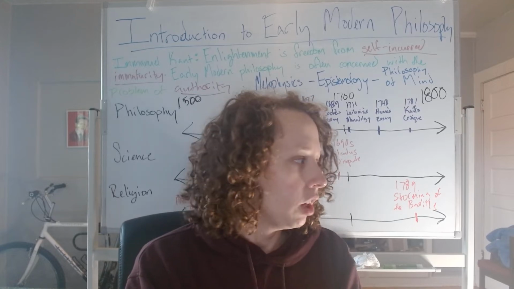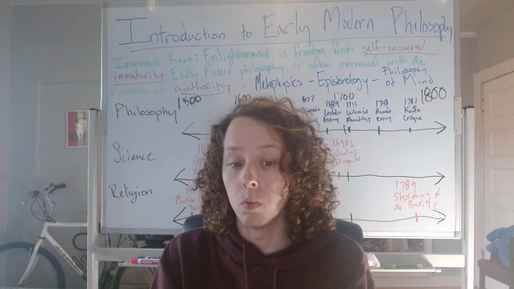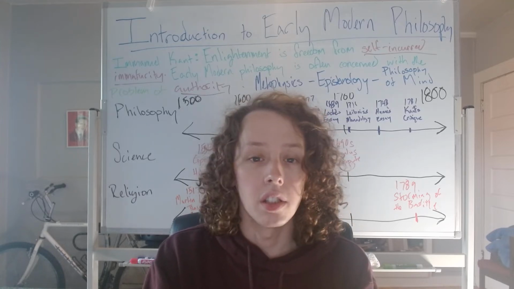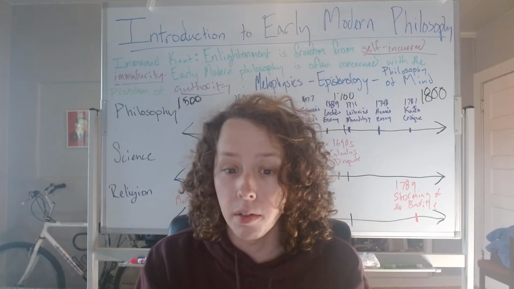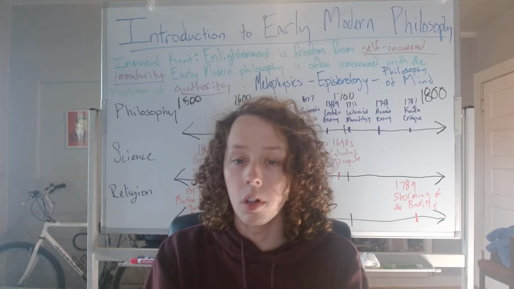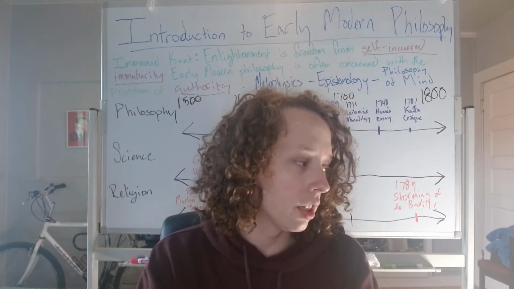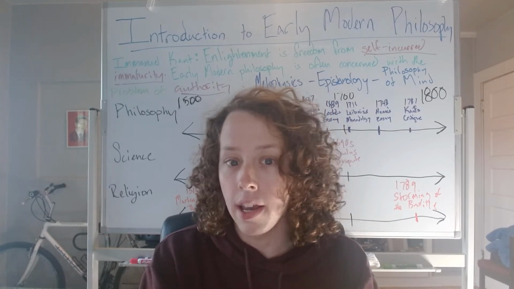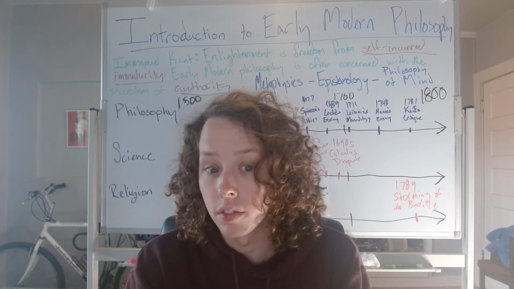So, we want to explain a little bit more about what this period of philosophy is. Why do we study the figures that we're studying? Why do we study the texts that we're studying? Why do we think about this specific period as being so important to the way that questions are framed in philosophy departments all over, right?